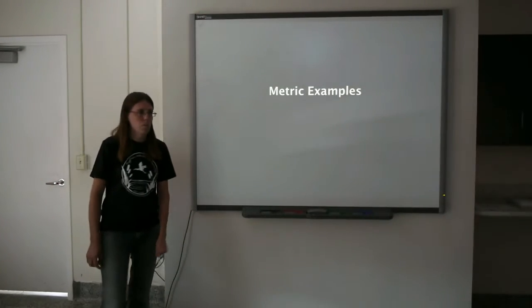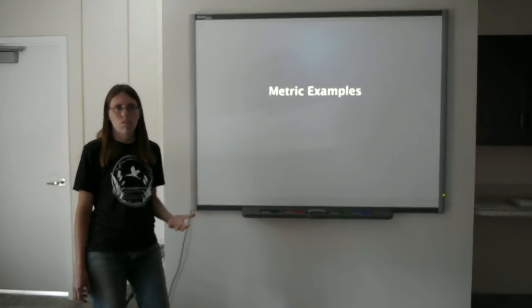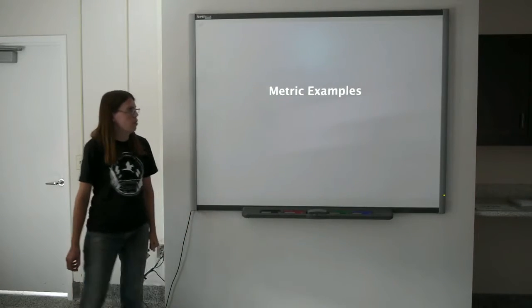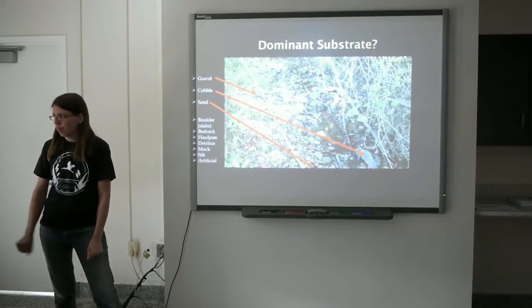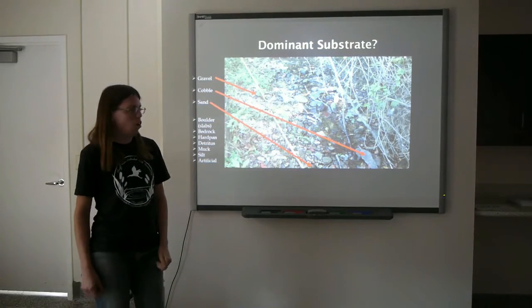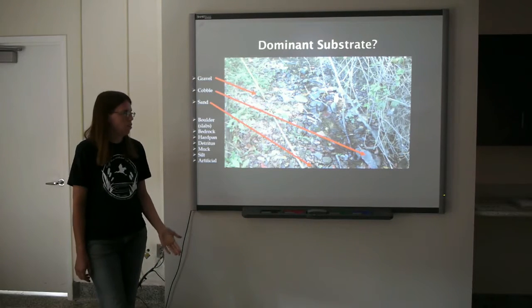Next, I just want to go through some of these metrics and show pictures that you could see in the field and talk a little bit about what that means when scoring for the QHEI. The substrate one can be difficult. You need to check all of your substrates that are there, but you also need to select your 2 most dominant substrates.